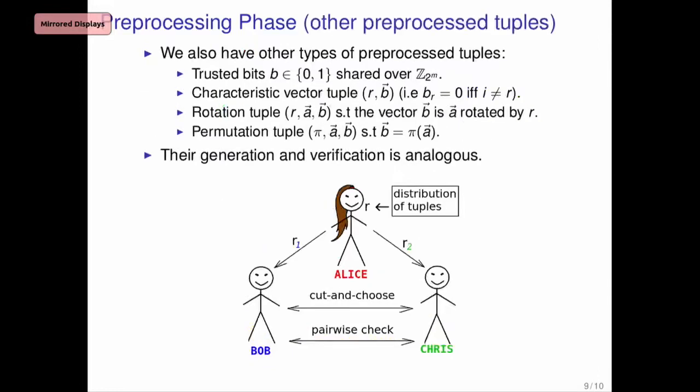And that's why we also can extend our preprocessing phase not only to multiplication Beaver triples, which are highly optimized also in other works, but we can use some other interesting preprocessed tuples like trusted bits, or characteristic vector of some number, or rotation tuples like some random vector rotated by a random number, or even permuted by some private permutation. And their generation and verification is analogous. The prover generates all these tuples itself, shares, and we run cut and choose and pairwise check. So there are different ways that we can do here, and we can compute various preprocessed randomness.